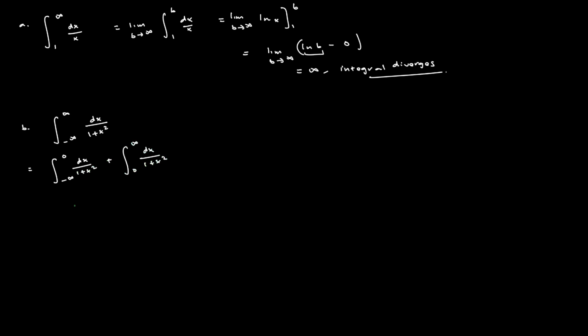That's the same thing as the limit as a tends towards negative infinity of the integral from a to 0 of dx over 1 plus x squared, plus the limit as b tends towards infinity of the integral from 0 to b of dx over 1 plus x squared.